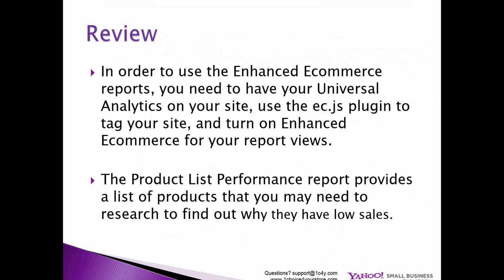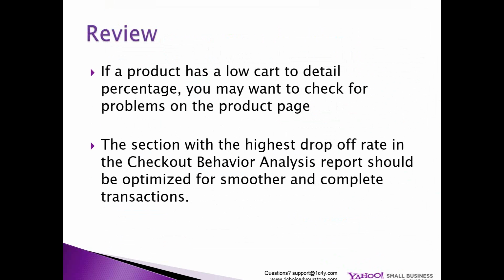The product list performance reports provide a list of products that you may need to research to find out why they have low sales. And if a product has a low cart-to-detail percentage, you may want to check for problems on the product page. And the section with the highest drop-off rate in the checkout behavior analysis report should be optimized for smoother and complete transactions.